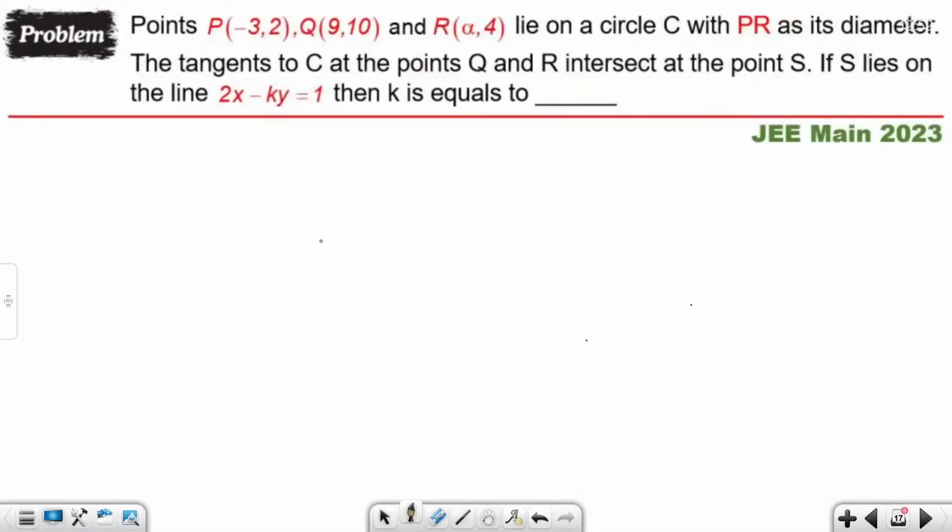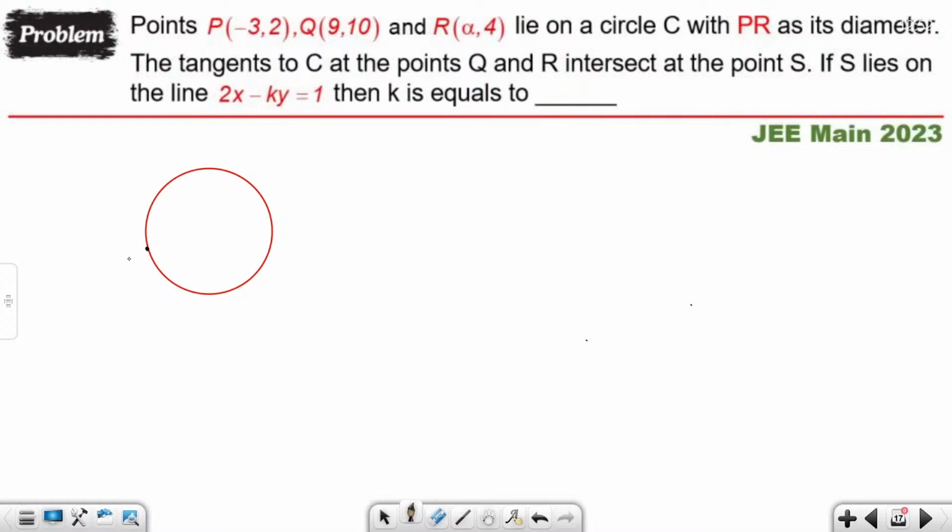Let's see this question. So there are 3 points P, Q and R which lie on the circle. Let me draw the diagram first. This is a circle and the points are P, Q and R. And PR is the diameter.